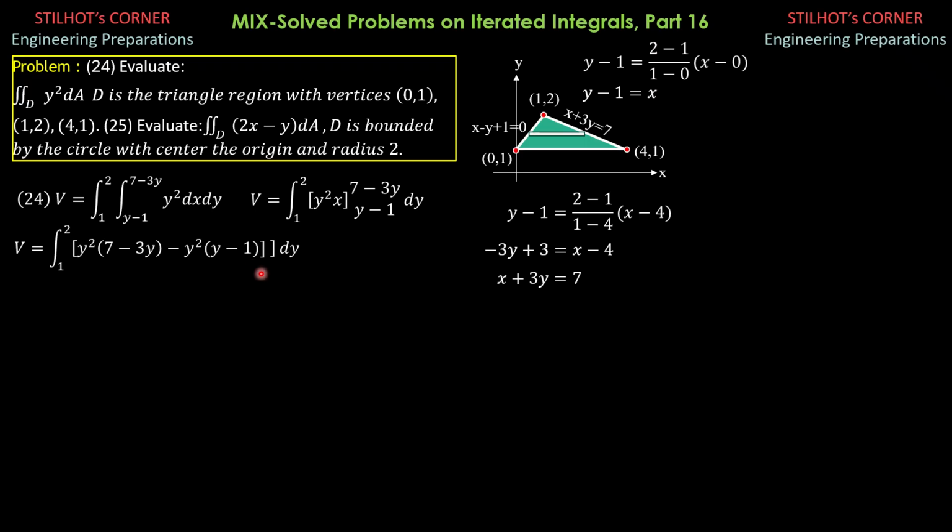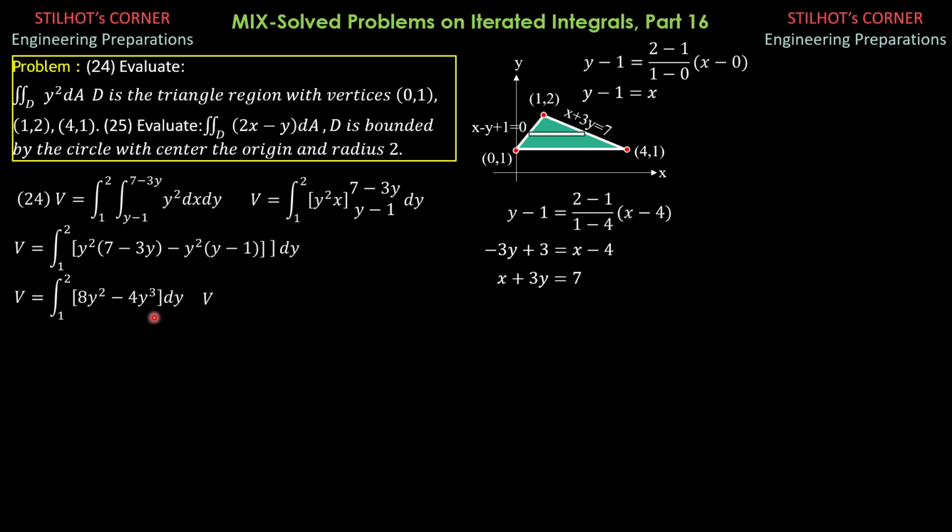So we have 7y squared plus y squared, so that's 8y squared. Then we have negative 3y cubed minus y cubed, negative 4y cubed. So that would be volume equals integral from 1 to 2 of quantity 8y squared minus 4y cubed dy.